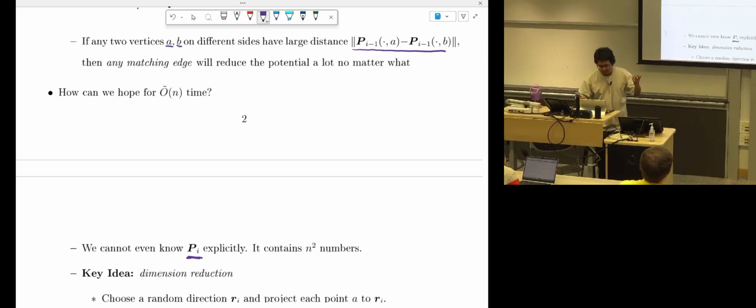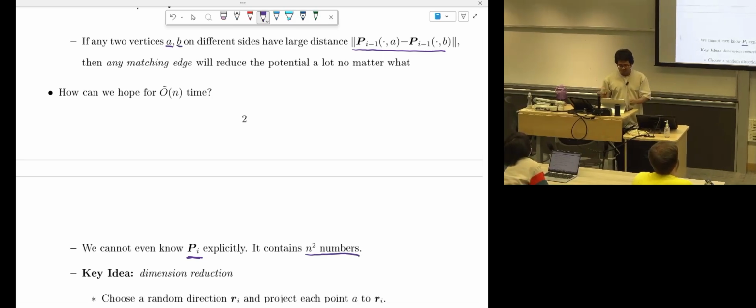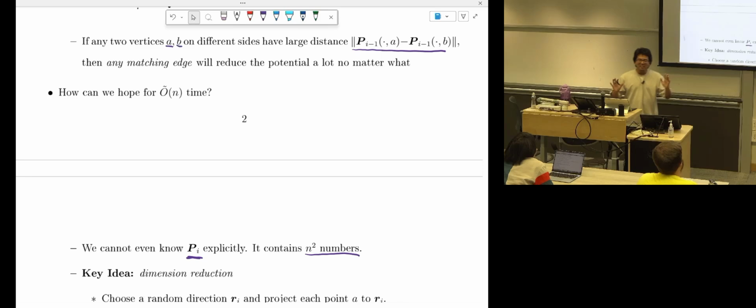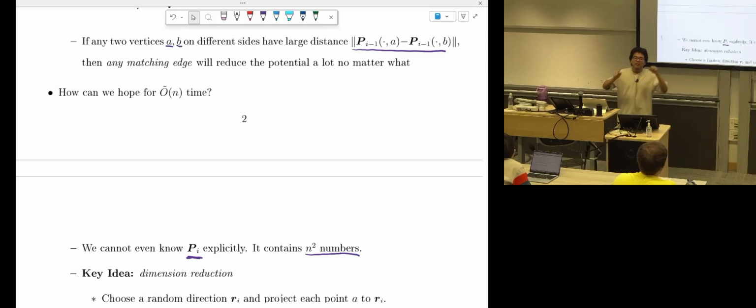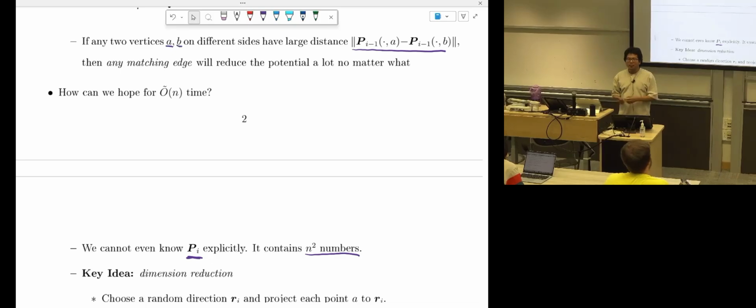So the matrix Pi is of size n squared. Okay. So we don't even have the time to write down this matrix Pi. We don't have the time to see the position of each node. Okay. So the key idea is to use dimension reduction.